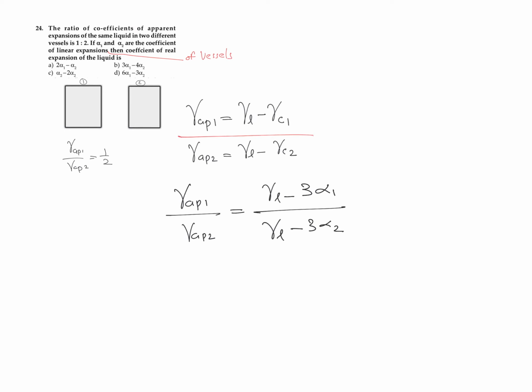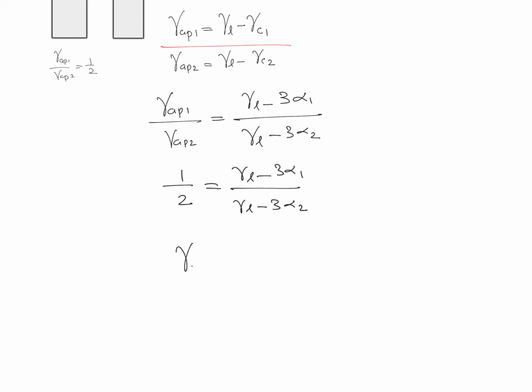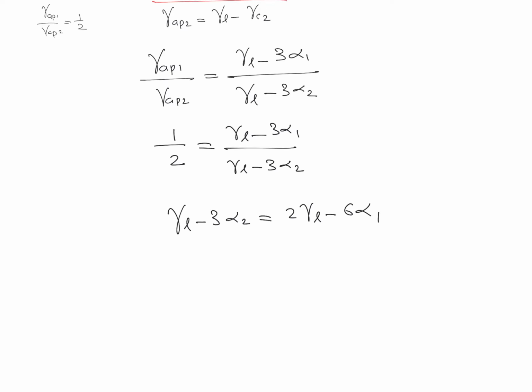So we can write the ratio as nothing but 1 divided by 2 is equal to gamma of liquid minus 3 times alpha 1 over gamma of liquid minus 3 times alpha 2. So we can write gamma of liquid minus 3 times alpha 2 is equal to 2 into gamma of liquid minus 6 into alpha 1.